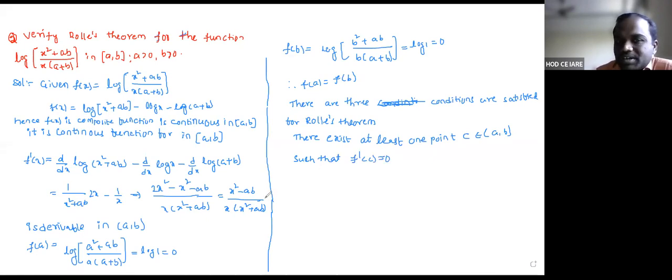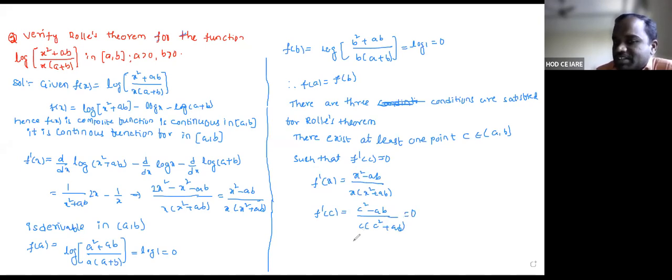The value of f dash of x is equal to x square minus ab by x of x square plus ab. So f dash of c is equal to c square minus ab by c into c square plus ab is equal to 0.